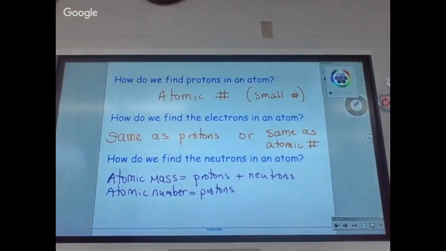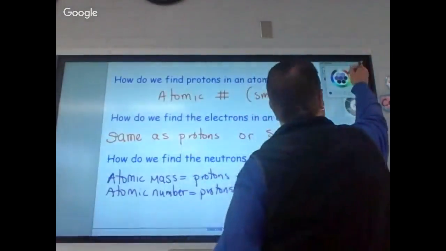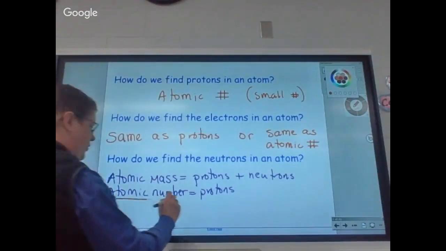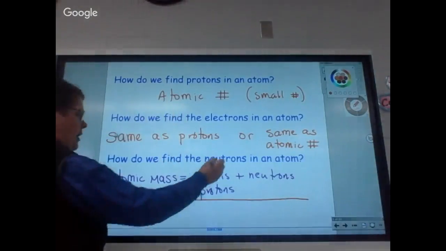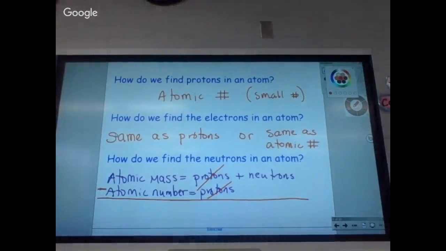So if we want just the neutrons, how do we get those protons to cancel out? That's right. So we're going to subtract these two things, and these protons are going to cancel out. That's why we subtract atomic mass minus atomic number. Does that make sense? Because we need the protons to cancel out.